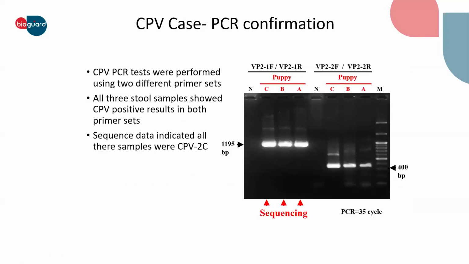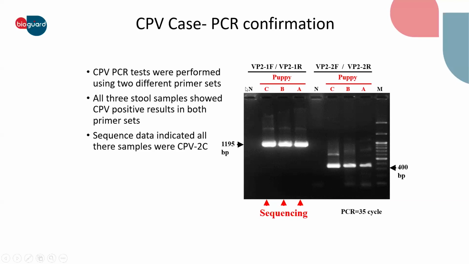So to further evaluate the cause of the situation, in our reference lab we decided to run PCR. We used 2 different primer sets, identifying 2 different nucleic acid sequences of the CPV in the feces, using the feces samples from those 3 puppies.